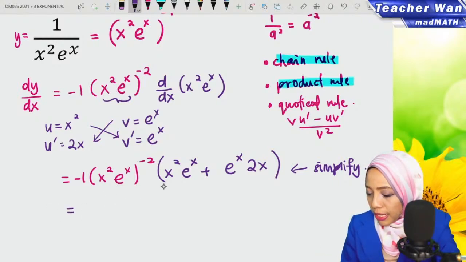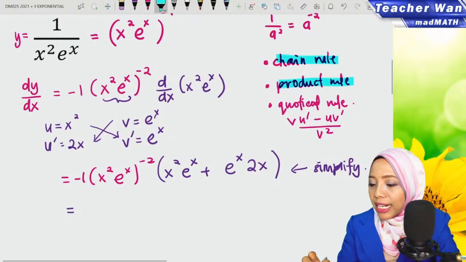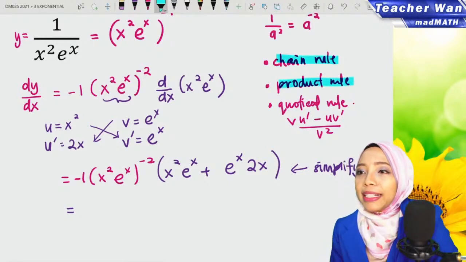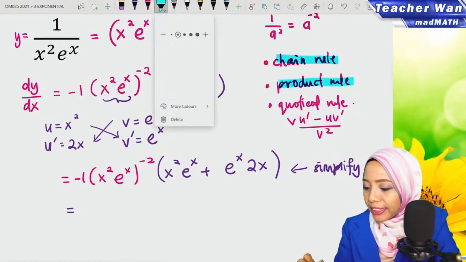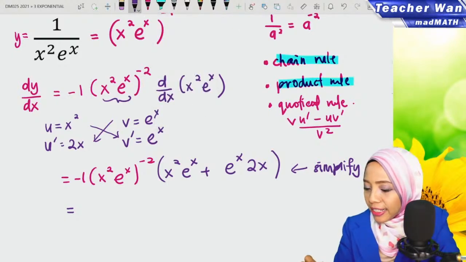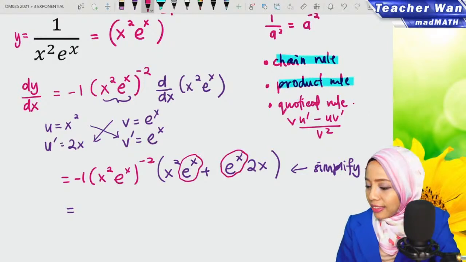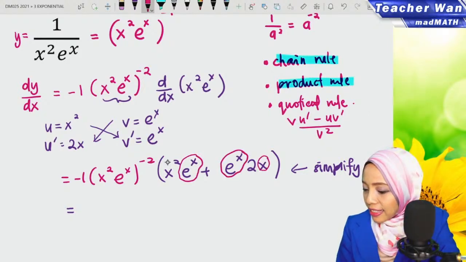So this is basically, what is the common factor? Can you tell me, is there any common function here? Yes, we have ex and x.